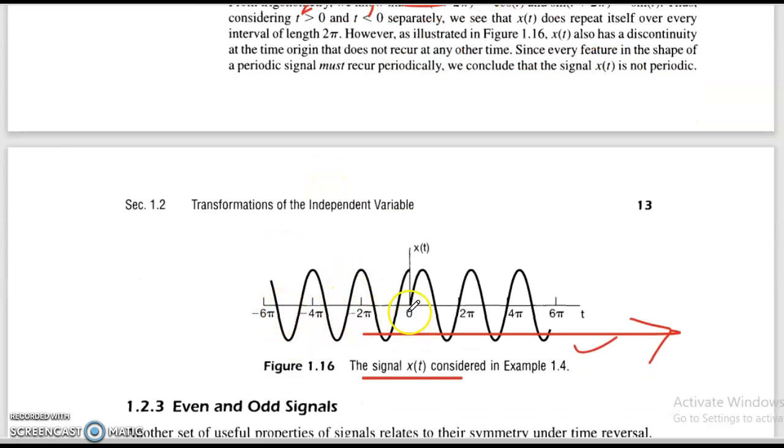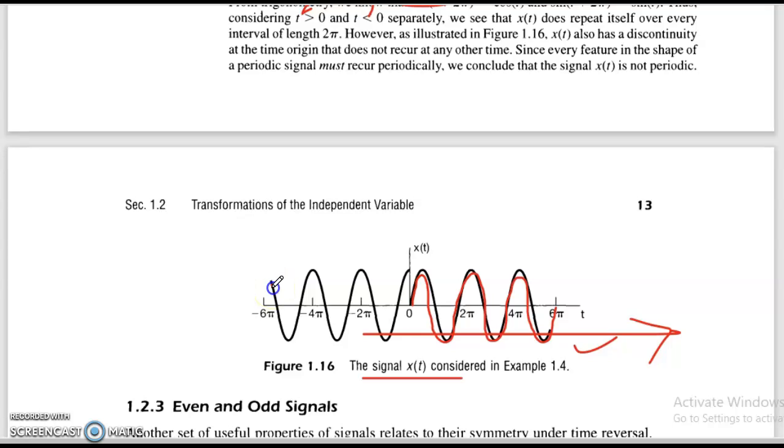That is, for example, here the same, here the same, here also the same, like this.